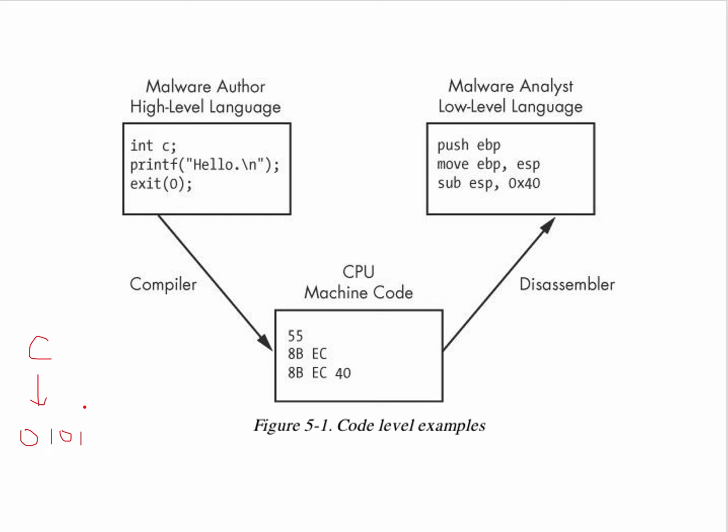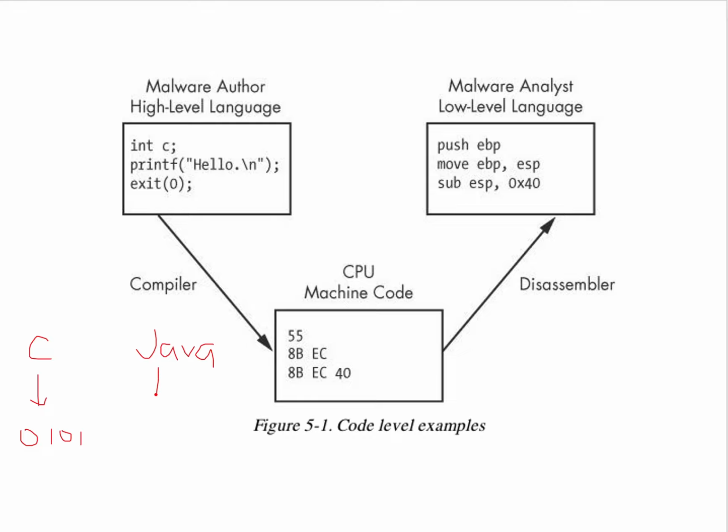Assembly language is just a more readable reference of zeros and ones. So this is C. With Java, I'll just say J because my writing is horrible. All right, I'll write Java just so we can laugh at my horrible handwriting here.